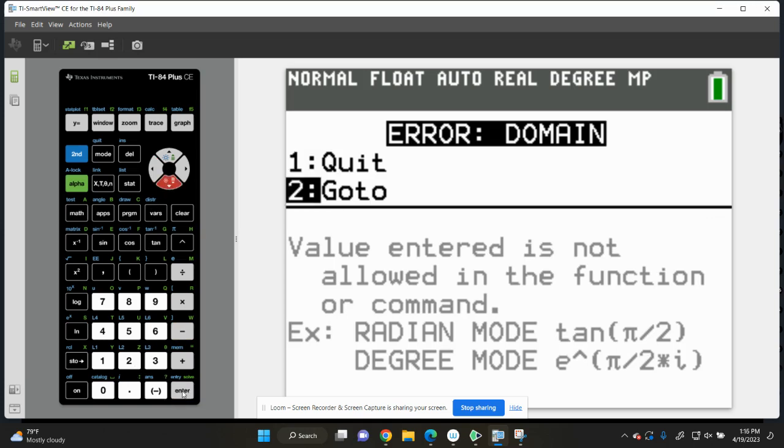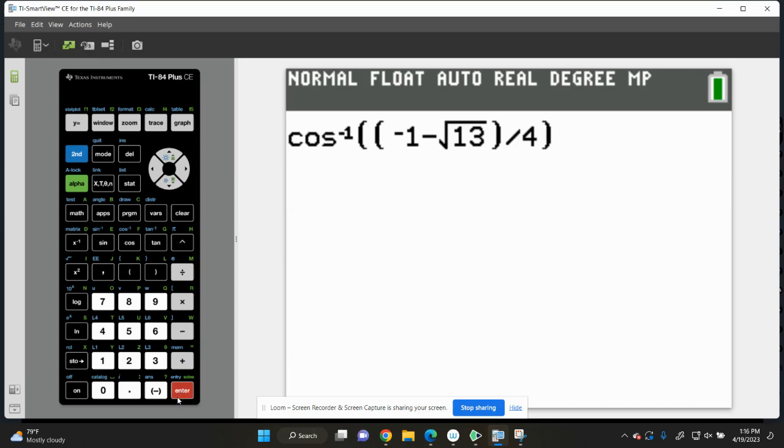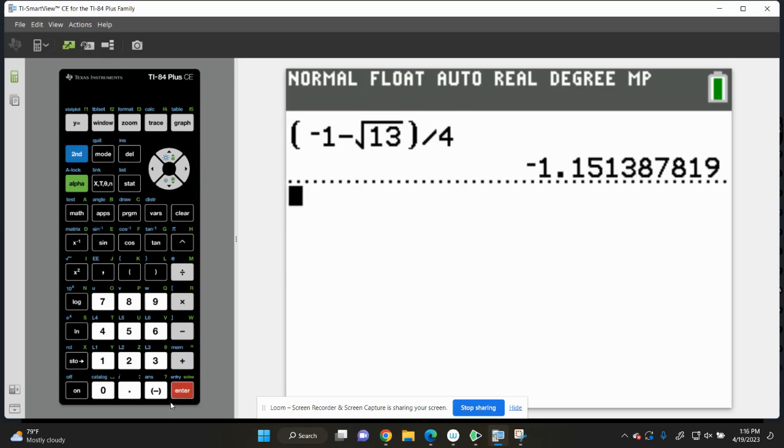What's the problem? Let's figure out what negative 1 minus root 13 over 4 is. Negative 1.15. So what's the problem?